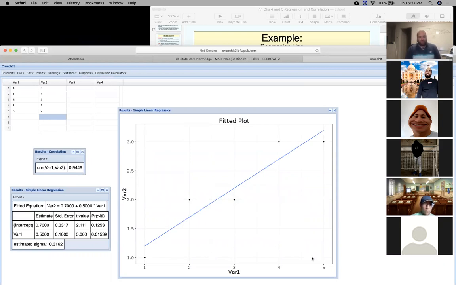Y equals mx plus b. What's the slope here? 0.5, right? Y equals mx plus b, correct? Can you explain that one more time, please? Well, what's the equation of a line?